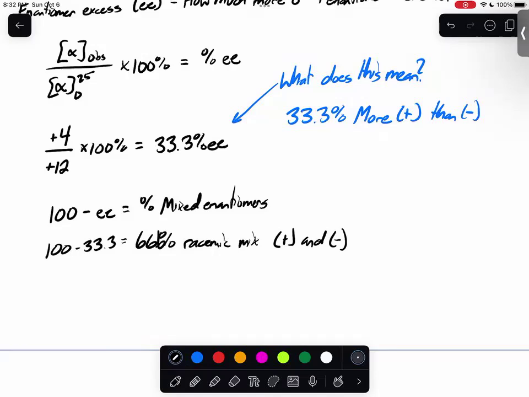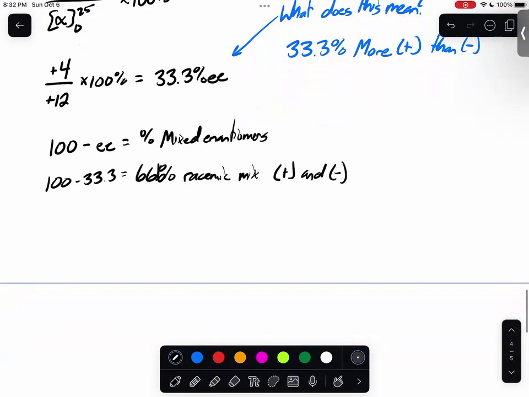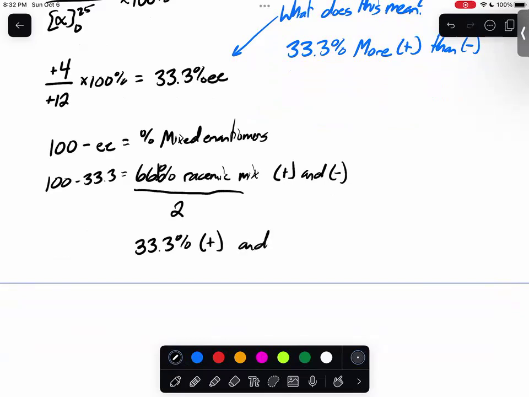So that's saying if we just divide that by 2, we get there's 33.3% of the plus, and that means there's 33.3% of the minus, right? But remember, there is also that 33.3% of the additional plus enantiomer.